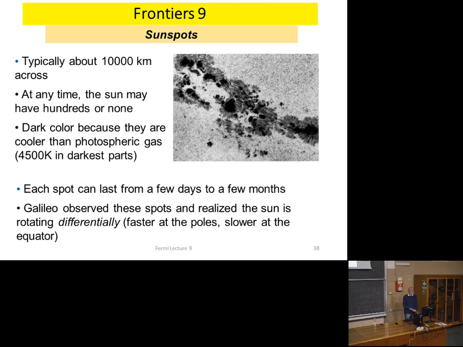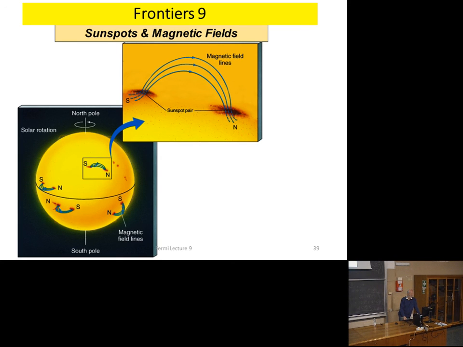And it was Galileo that first observed these spots, and he realized the sun is rotating. He realized from these spots that the sun has this differential rotation that I talked about 20 minutes ago, and that is that the period around the center is less than the period around the poles. And that was first actually determined or observed by Galileo.